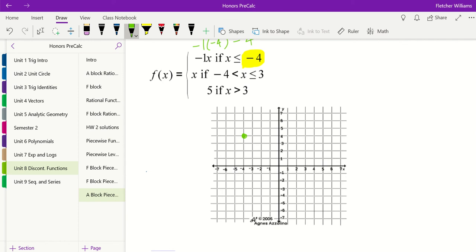When x is less than or equal to -4, it's equal to the line y equals -1x. The line y equals -x is just a line of slope -1, so you could just start at that point and draw a line of slope -1 going back.